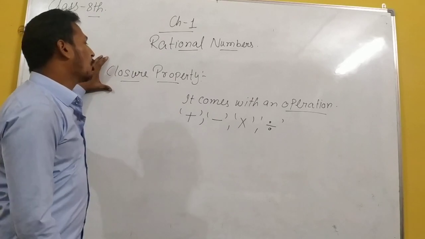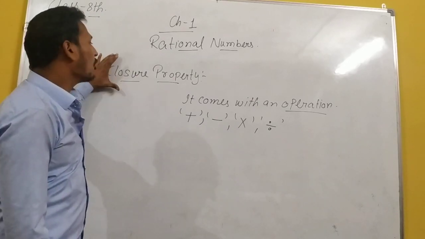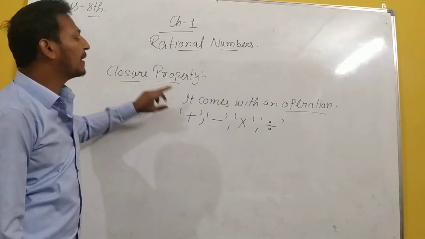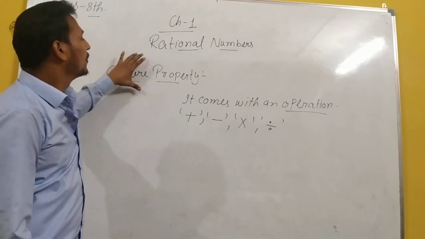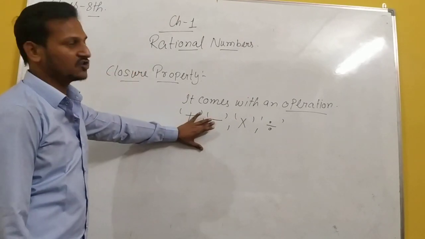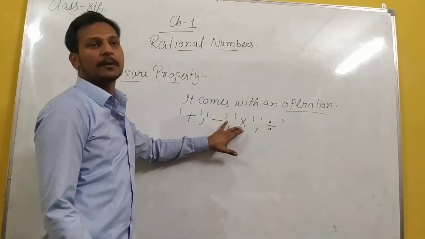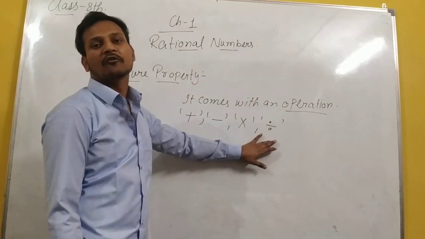So whenever we talk about closure property, we will always say it like this: closure property over addition, closure property over subtraction, closure property over multiplication, or closure property over division.